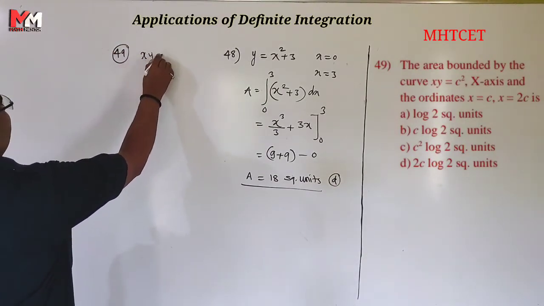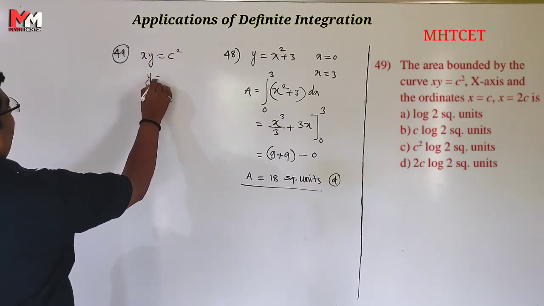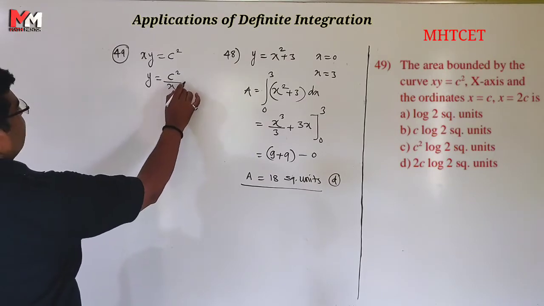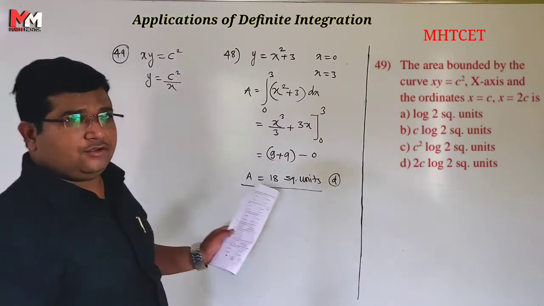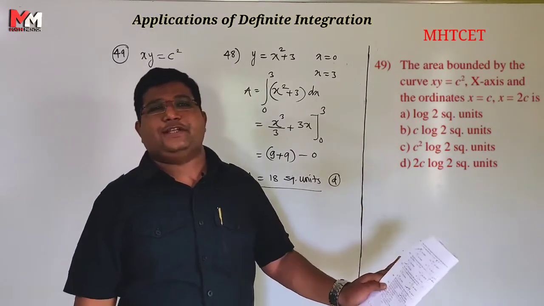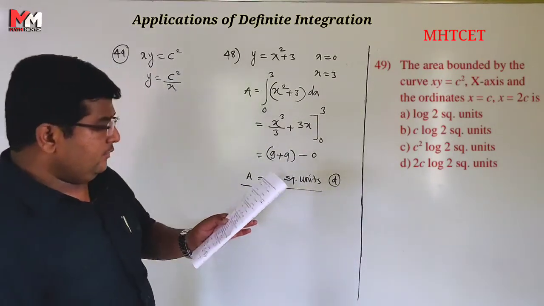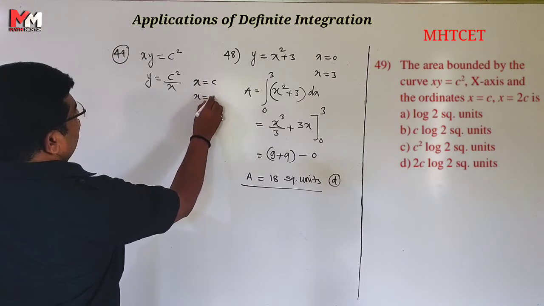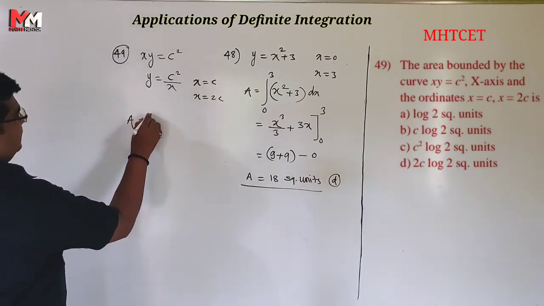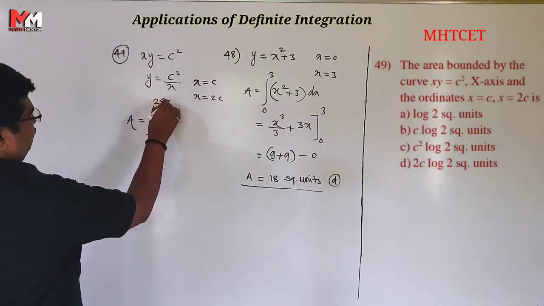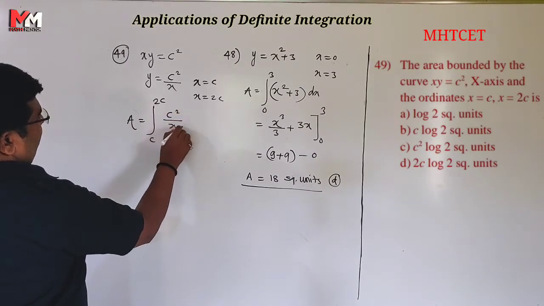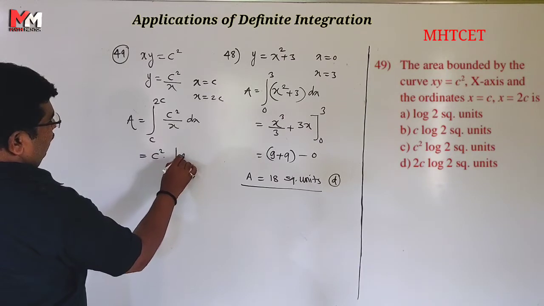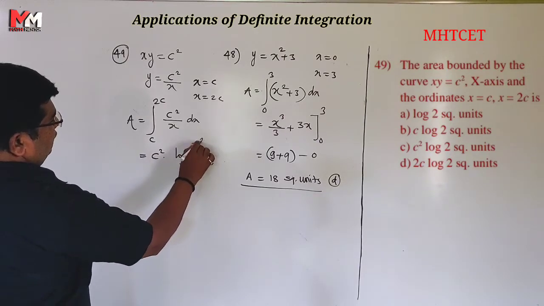Now 49. What is MCQ number 49? xy is equal to c square. This is a curve, y is equal to c square by x. The curve must be y is equal to f of x, so the right side is all terms of x, and the left side is compulsorily y. What are the ordinates? x is equal to c and x is equal to 2c. So the required area A is equal to the integration from c to 2c of c square by x dx. Taking c square outside, the integration of 1 by x is log x, from c to 2c.